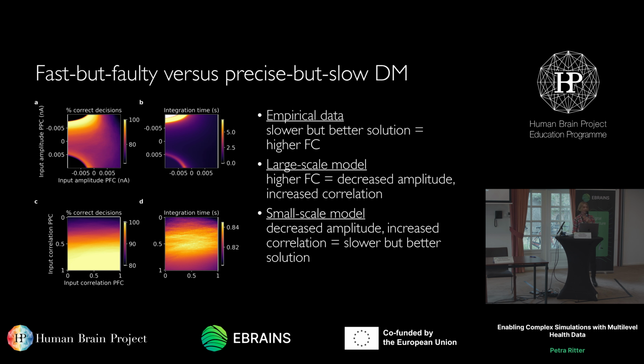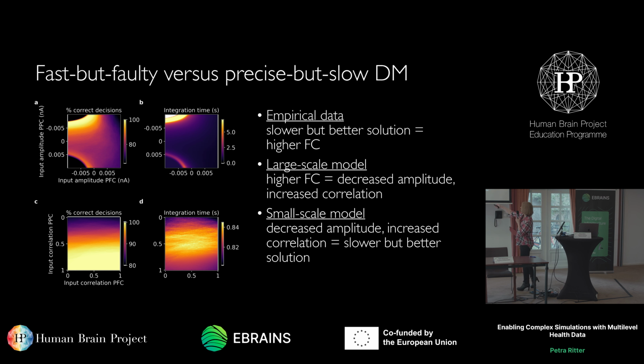So now, if we take the circuit model and look at the impact of the different input correlations and the different input amplitude that we have found in our individualized brain network models, we see, as you can see here, that the performance, unfortunately, this is so small that not even I can see it.